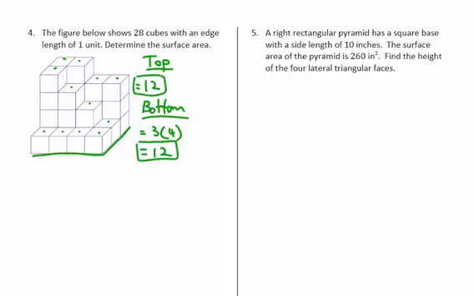And if we take a look at the sides of the cubes, I'll use a different color here. 1, 2, 3, 4, 5, 6, 7, 8, 9, 10, 11, 12, 13, 14, 15, 16, 17, 18, 19, 20, 21, 22, 23. Plus we have the whole back side.